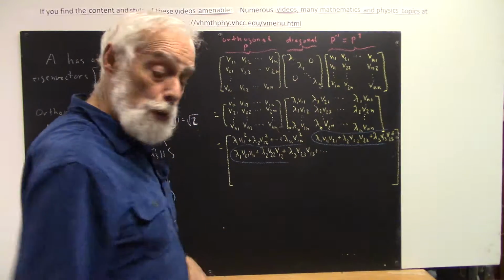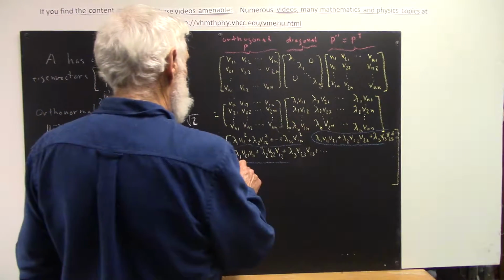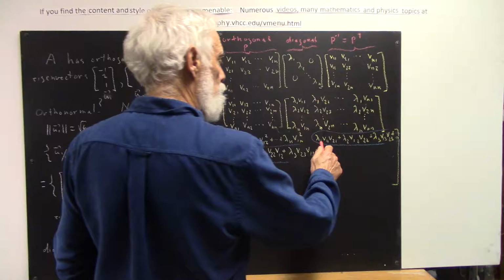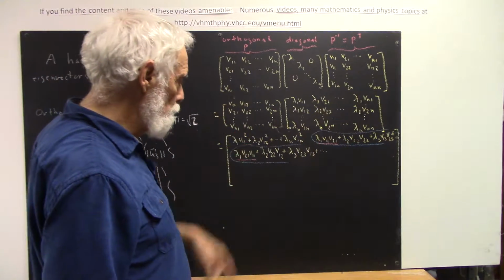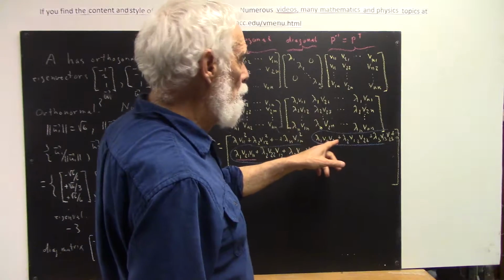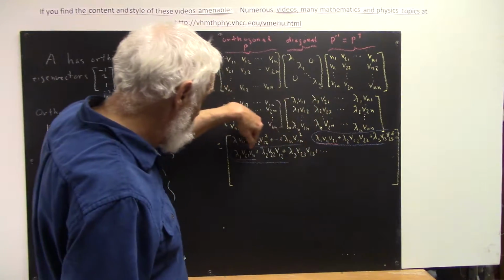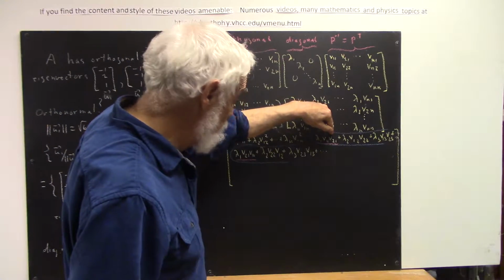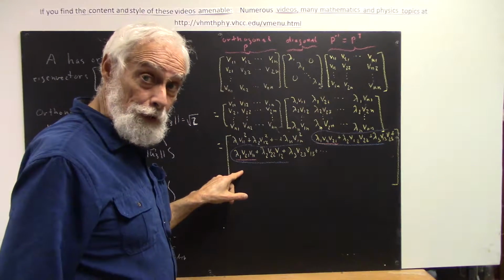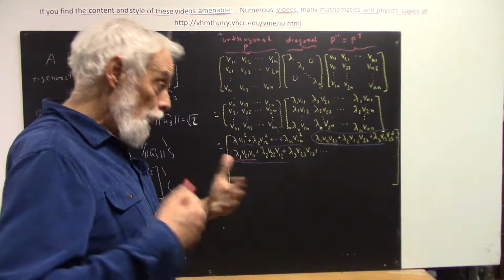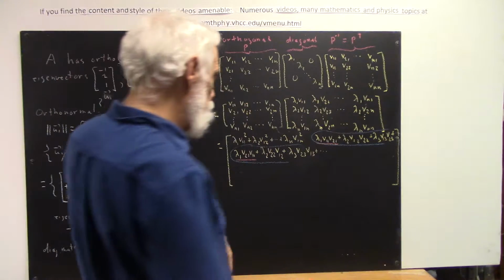Now, let's see where we are. Well, we got lambda 1, V21, V11 here. We've got lambda 1, V11, V21 there. There's a V11 both places, a V21 both places, and a lambda 1 both places. So this matches this. Now, is that a unique thing that happened just on the first element? Could have been. Let's check the second element.